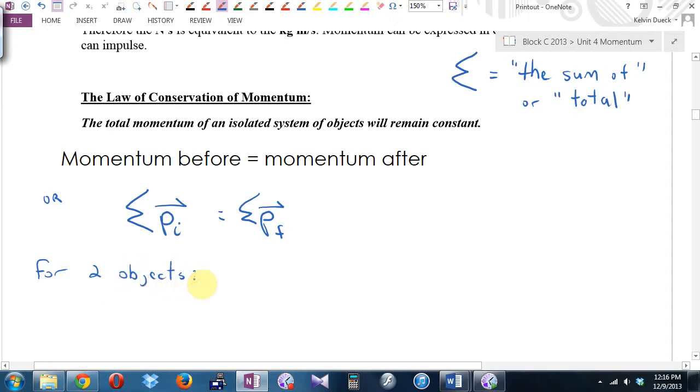For two objects, that means this: momentum of object 1 initial combined with momentum of object 2 initial equals momentum of object 1 final plus momentum of object 2 final. If I'm lucky, sometimes some of those are zeros because they're at rest, but not necessarily.